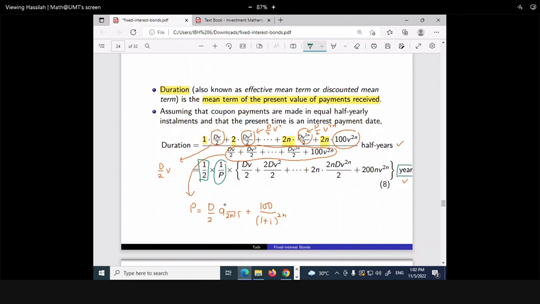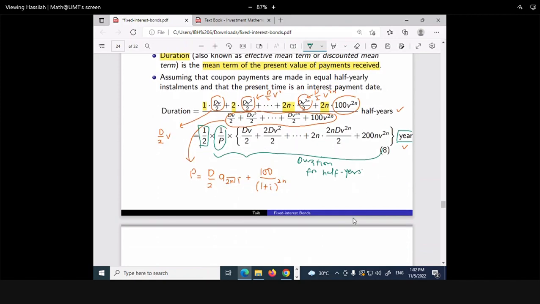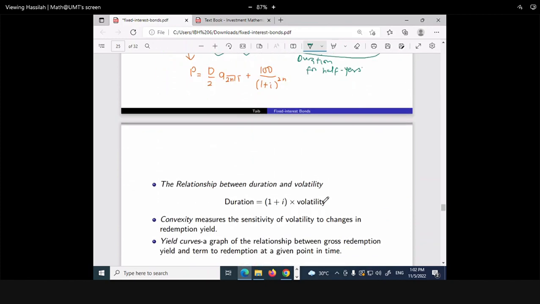Kalau initial tadi, ini adalah duration for half year. Sama je, yang saya buat curly bracket ni adalah bahagian atas. Tapi bila kita buat year, kita bahagi dengan 2. Boleh tak yang tu? Nampak ke tak nampak? Boleh. Nampak macam banyak tapi you tulis balik, you nampak sebenarnya tak susah pun.